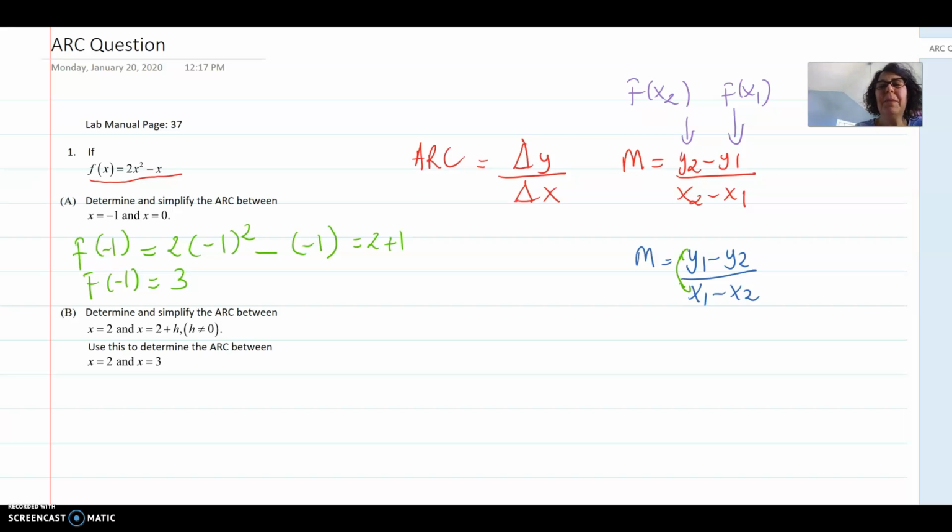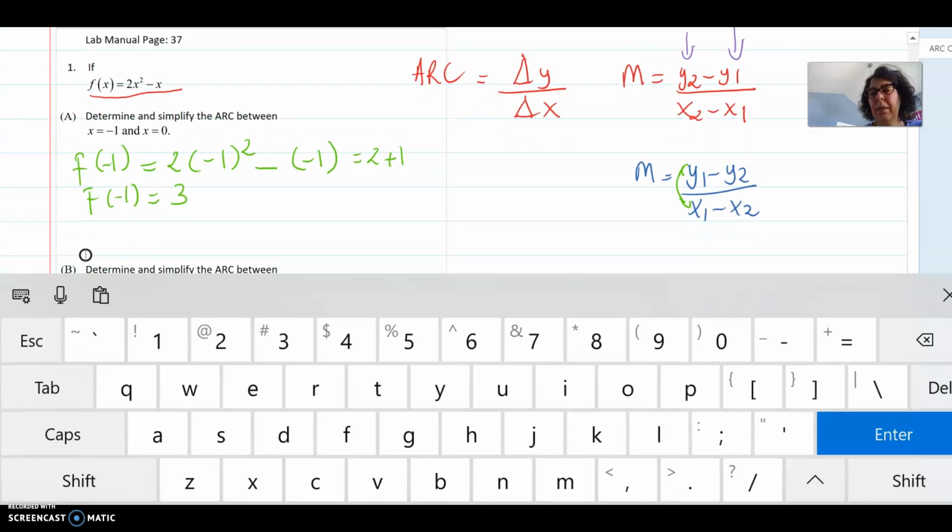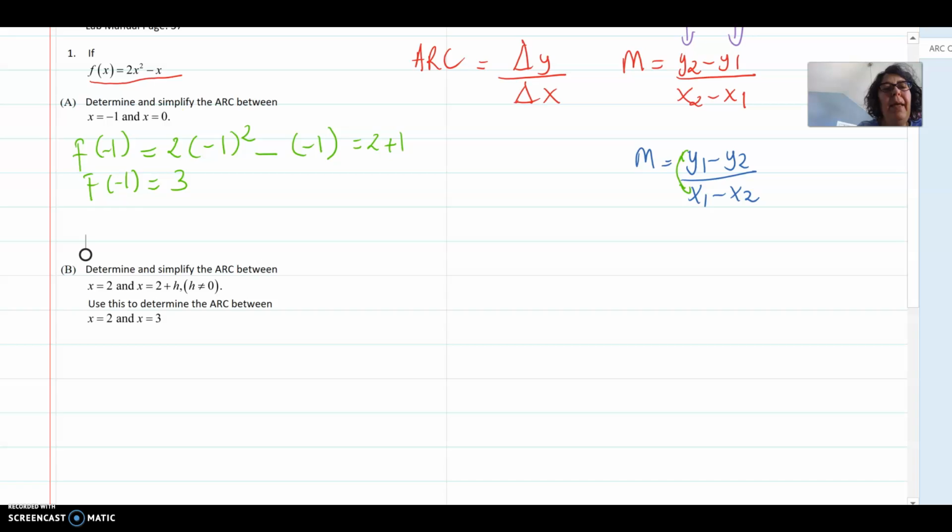Then we also need to do the other f value, which is f of 0. Let's write it in red. Let's calculate f of 0: 2 times 0 squared minus 0. Then f of 0 is equal to 0.